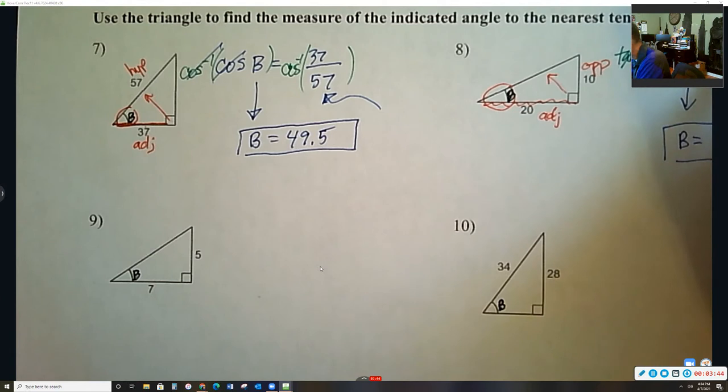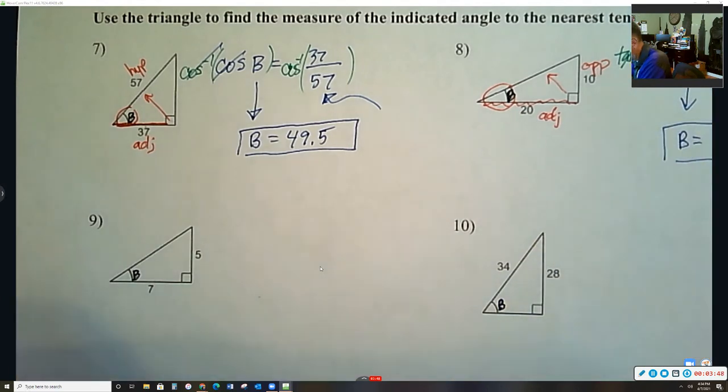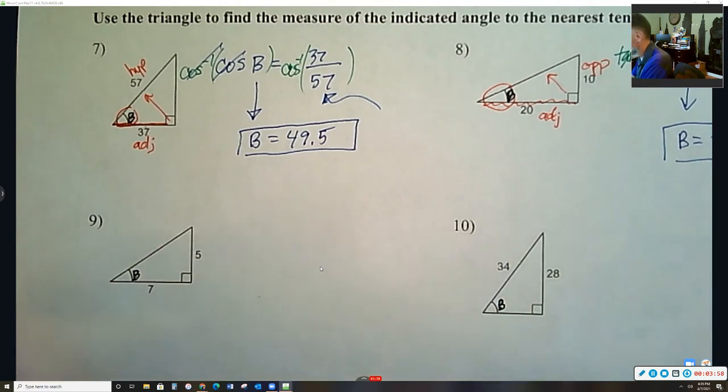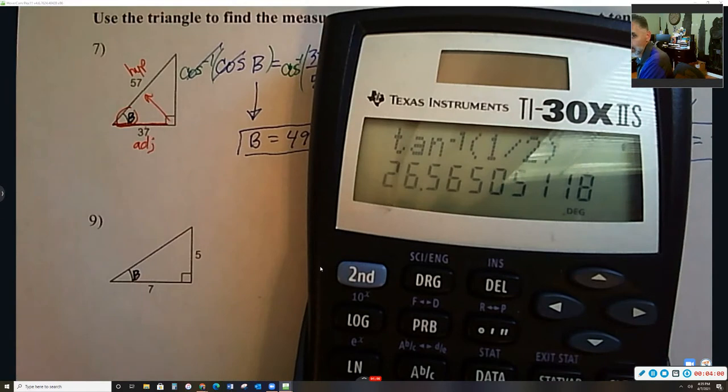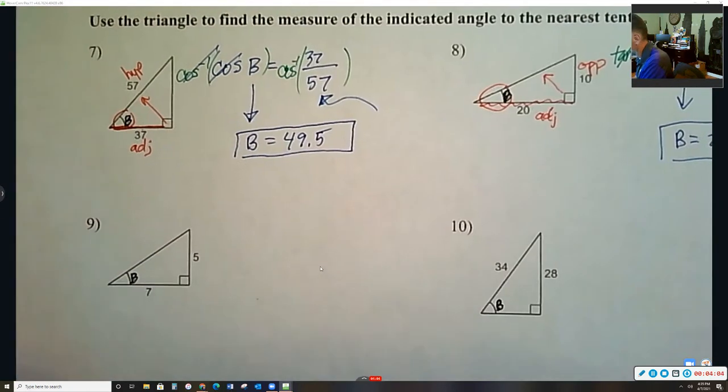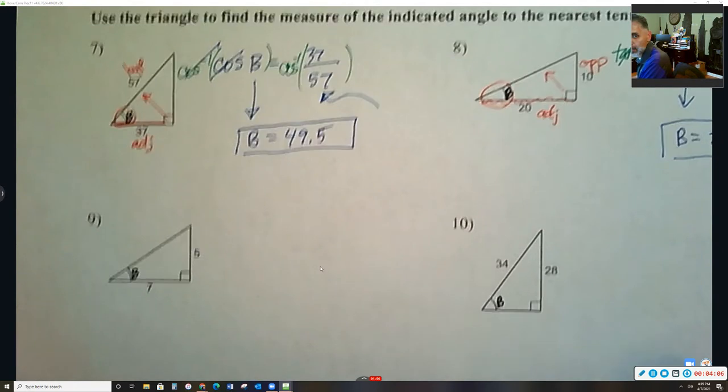And what we do to one side of the equation, we have to do to the other side. Tangent inverse of 10 divided by 2 is 26.6. I'll let you guys see that one. Let's move on to number 9.